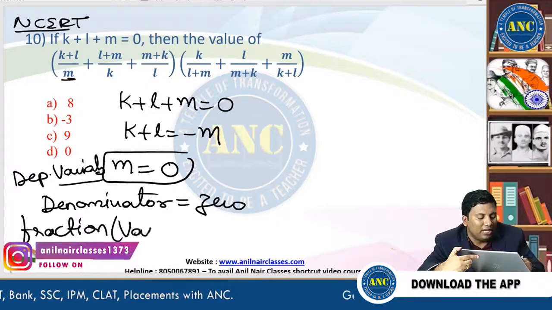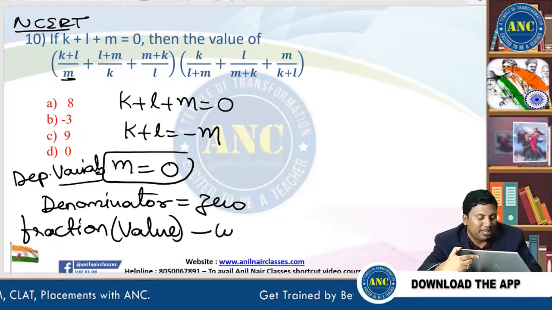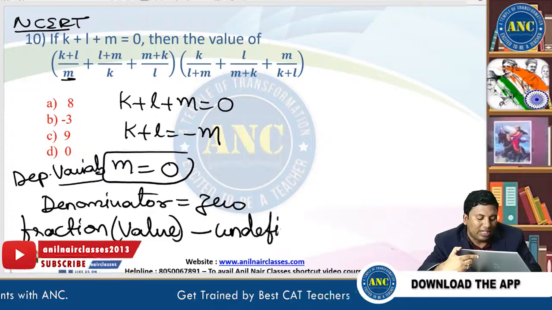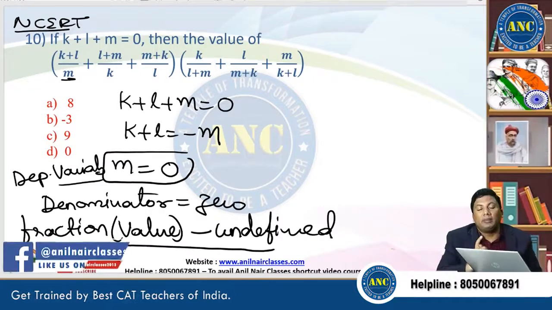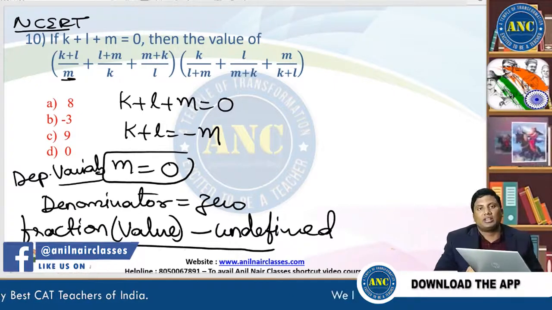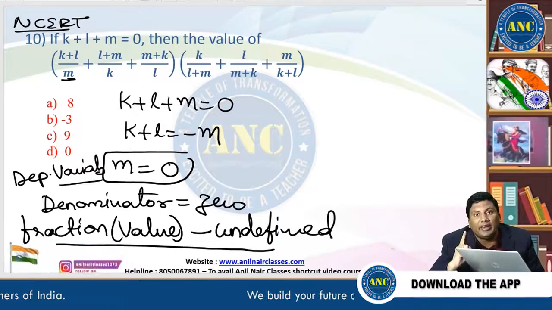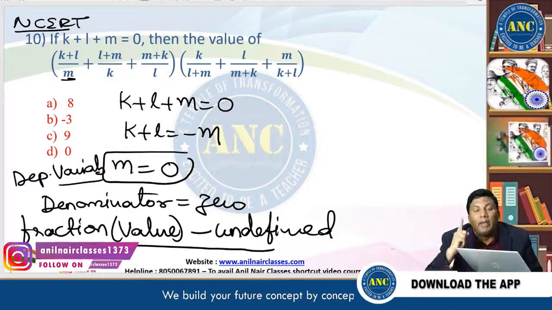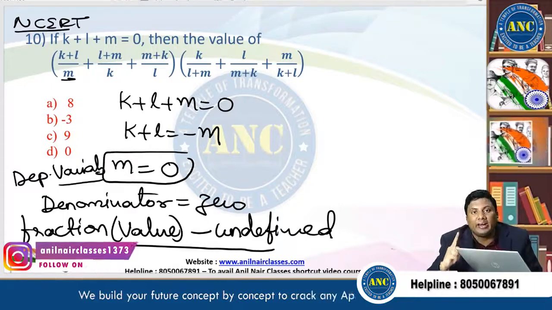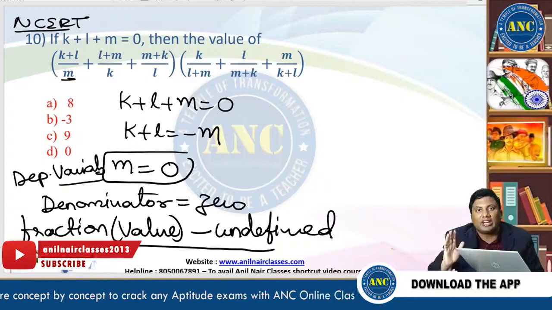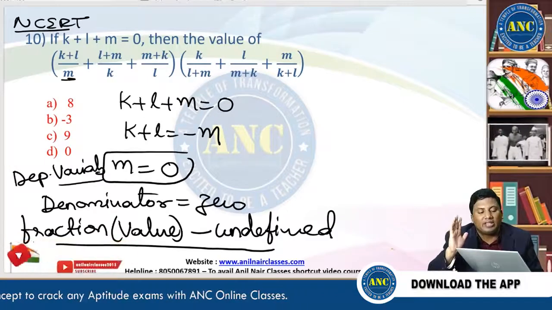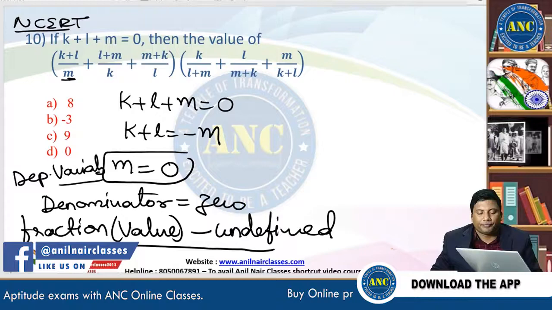This is a beautiful question which tells us when we should not use this method. When should we not use this method? Making the dependent variable 0 cannot be used whenever the dependent variable is in the denominator.